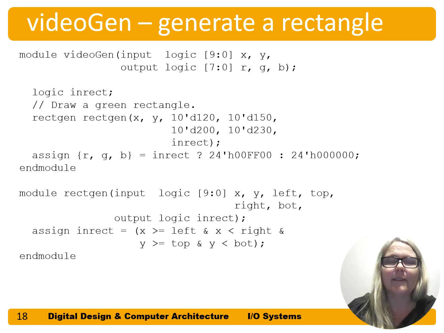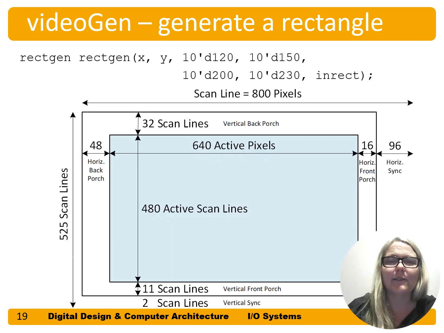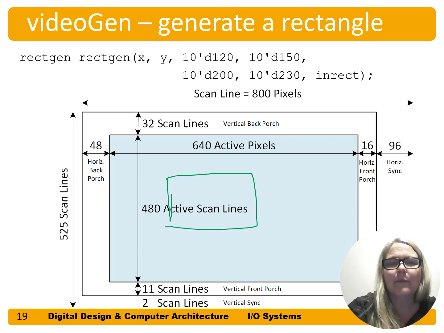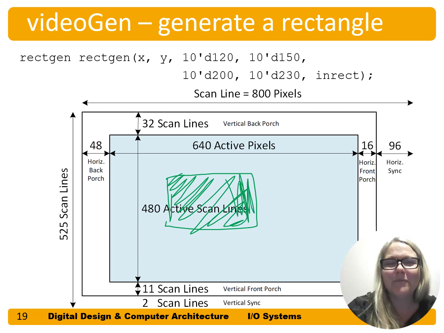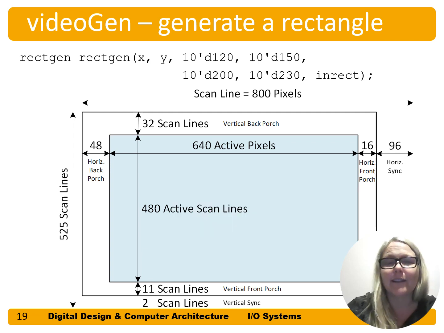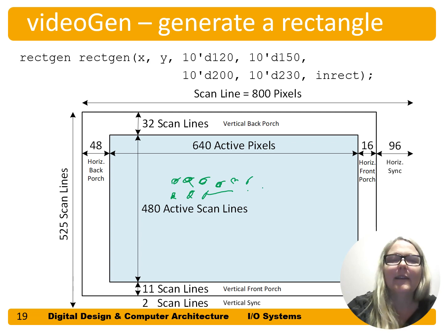So this simple generate rectangle module would look something like, 120, something on the order of this. We draw a green rectangle. Anywhere inside there would be green. And obviously it's not drawn like that. It's drawn like this. That pixel, then that pixel, then that pixel, until they're all done. And then it goes to the next line and draws that pixel and so forth.